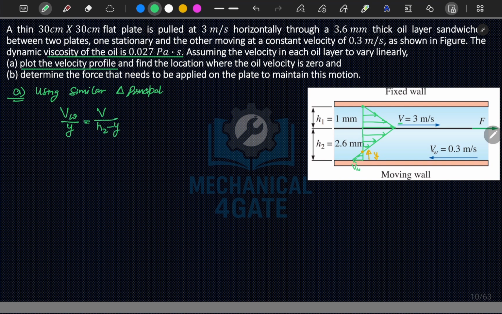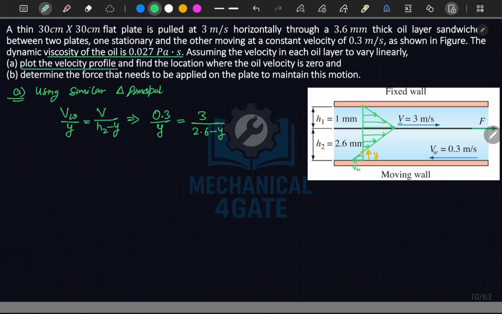Substituting the values: 0.3 divided by y is equal to V, which is 3, divided by h2 minus y. h2 is 2.6 mm. If we keep this in mm, we will obtain y in mm only.